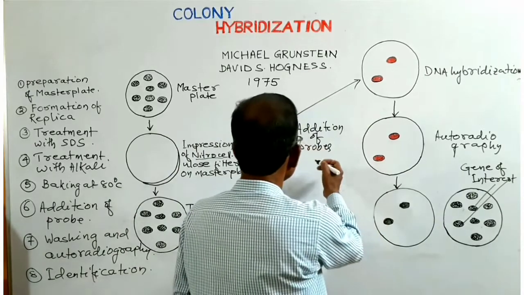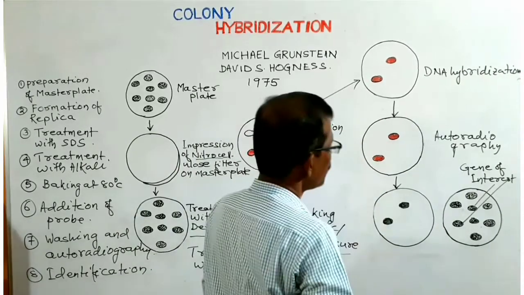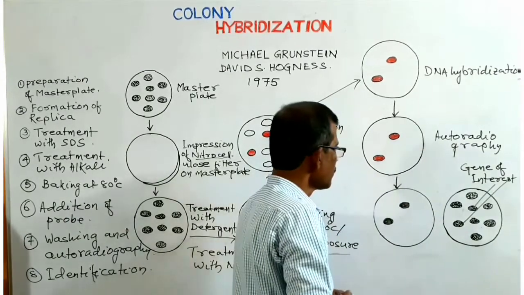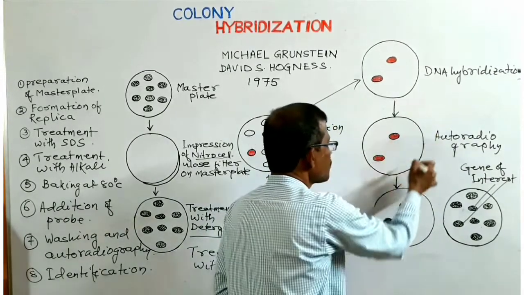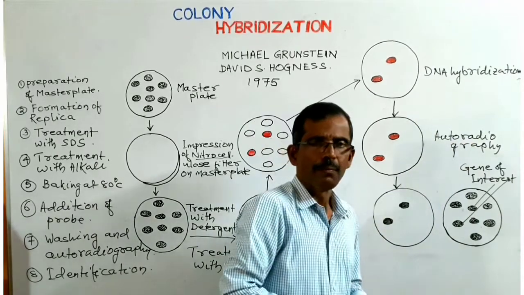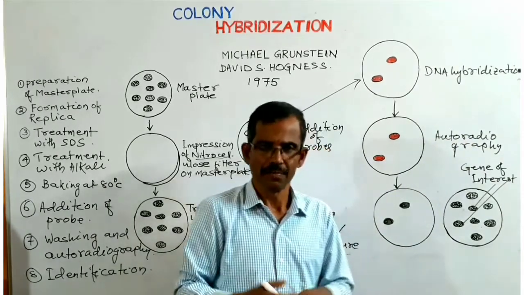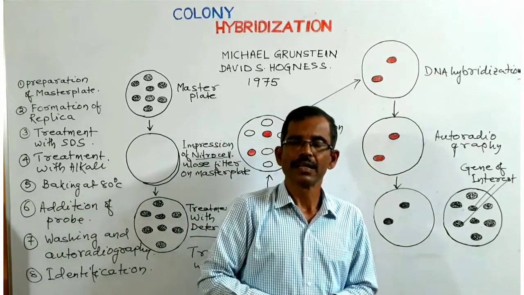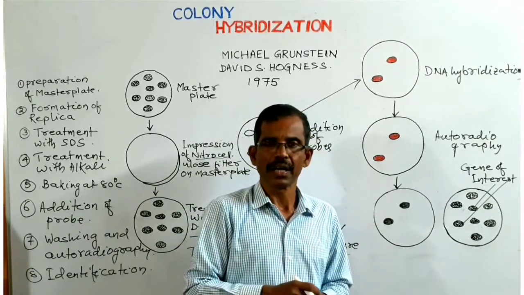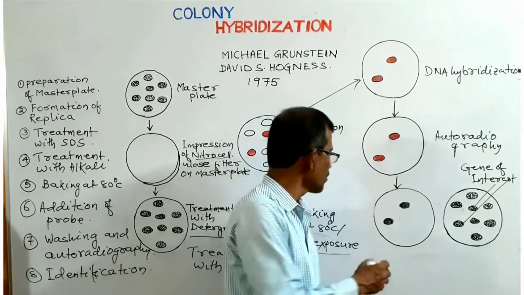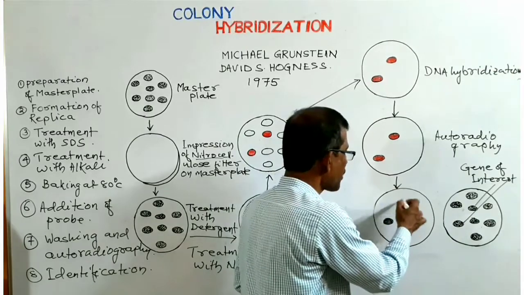After treatment with radioactive probe, the next step is autoradiography. When the nitrocellulose filter is subjected to autoradiography using an X-ray film, the bacterial colonies that contain the recombinant DNA or the specific DNA will be visualized as black dots.